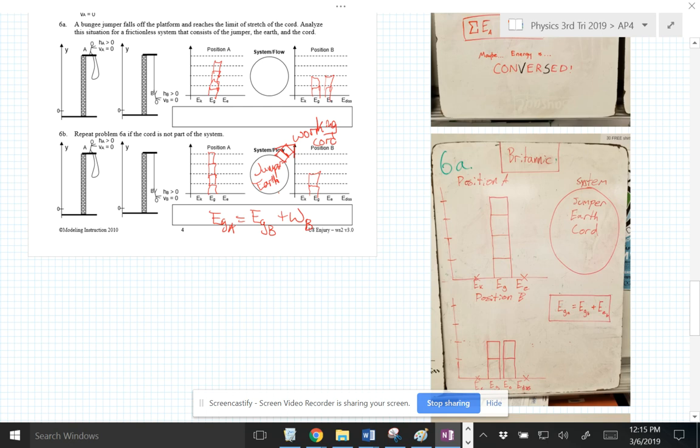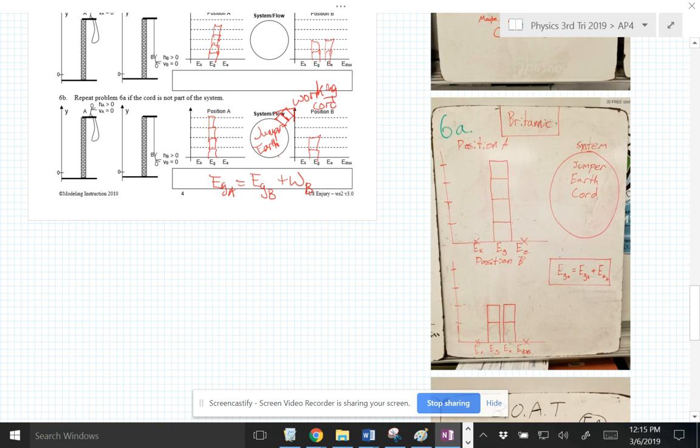Now, let's look at the same problem and let's pretend that I set y as 0. Okay, what do I want to say here? HA equals 0.